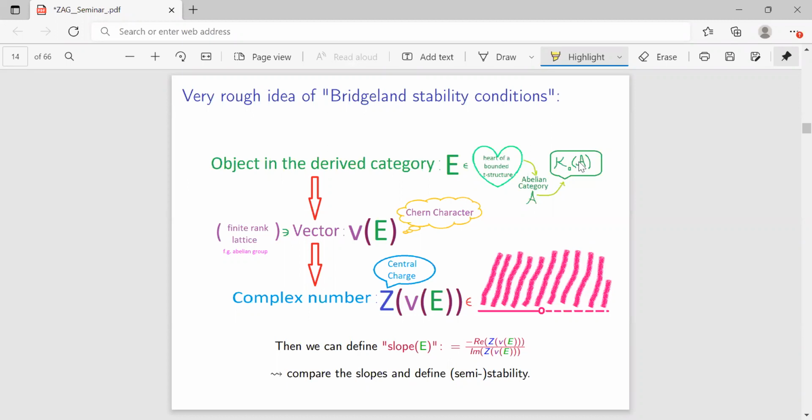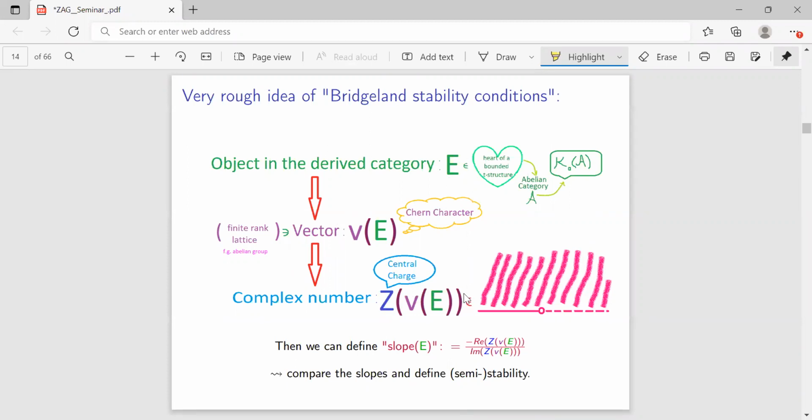So we fix a finite rank lattice, and we associate a vector to this object in that finite rank lattice. This finite rank lattice is a finitely generated abelian group. Basically, in this talk, this vector is just the Chern character. Then the next step is to associate a complex number to this vector, denoted by Z of v, and we call it the central charge.